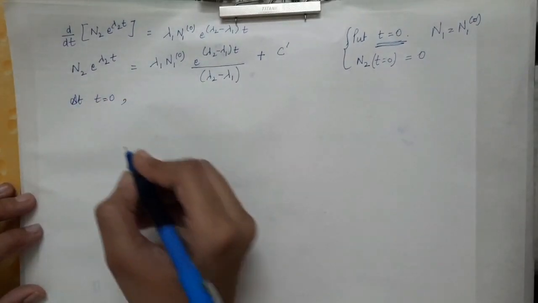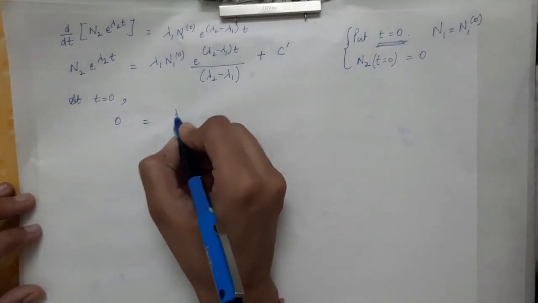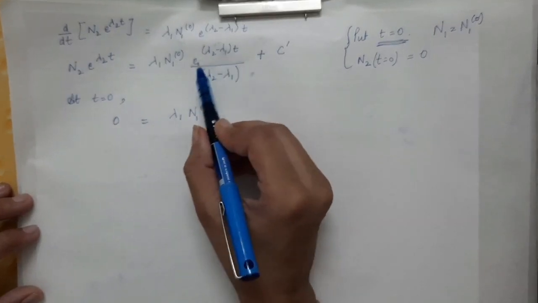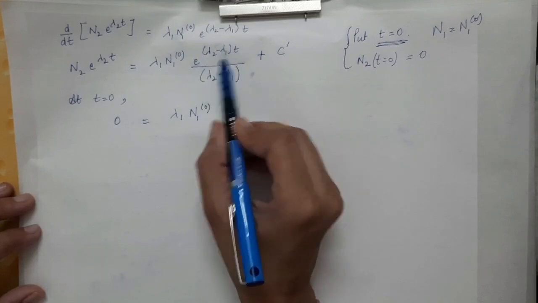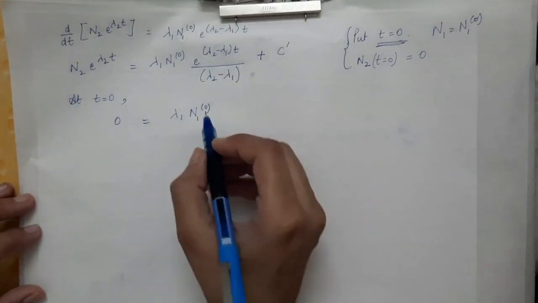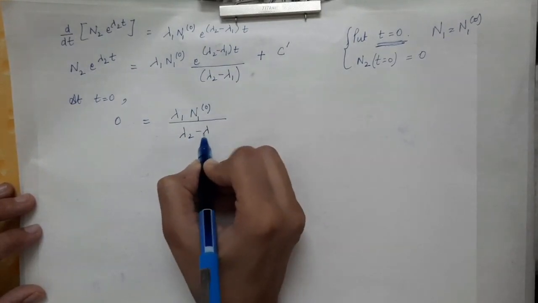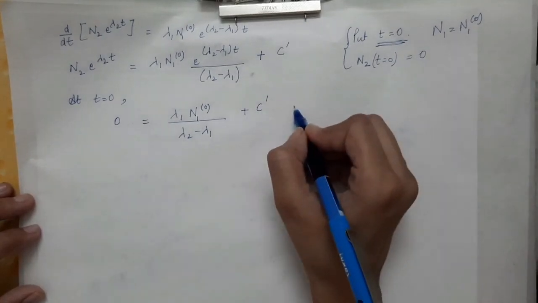This will be equal to lambda 1 into n10 into e power (lambda 2 minus lambda 1) into 0. That will give you e power 0, which is 1, divided by (lambda 2 minus lambda 1), plus c prime. So this is the constant of integration.